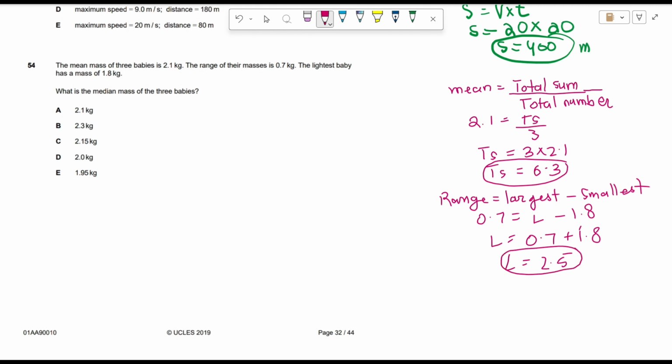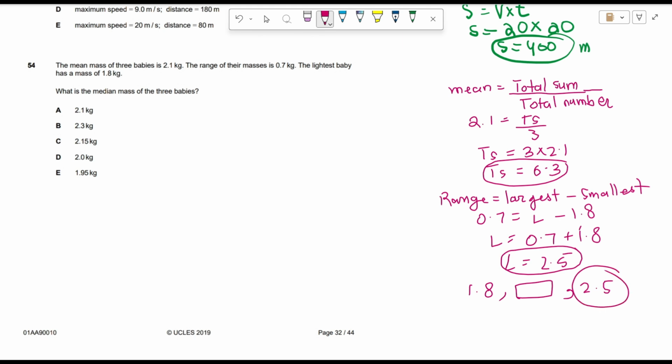So basically, the smallest baby is 1.8 kg, right? They have asked us to find the median. Median is just the middle value. So we are supposed to find this middle value, and the largest baby mass is 2.5 kg. We have three babies, right? So we'll have three masses of the babies. The lightest baby is 1.8.